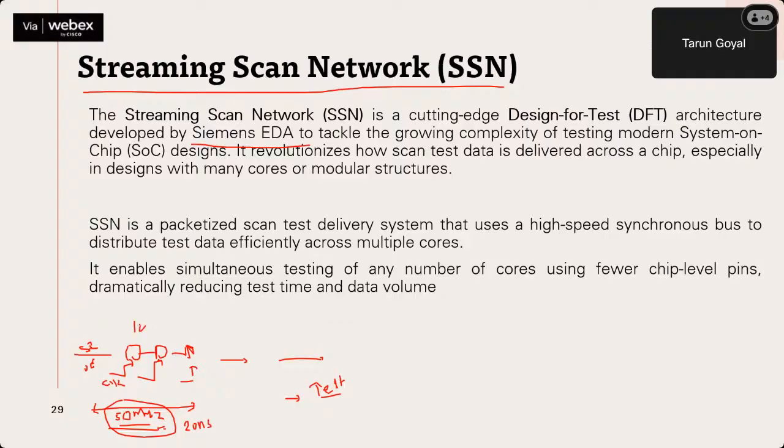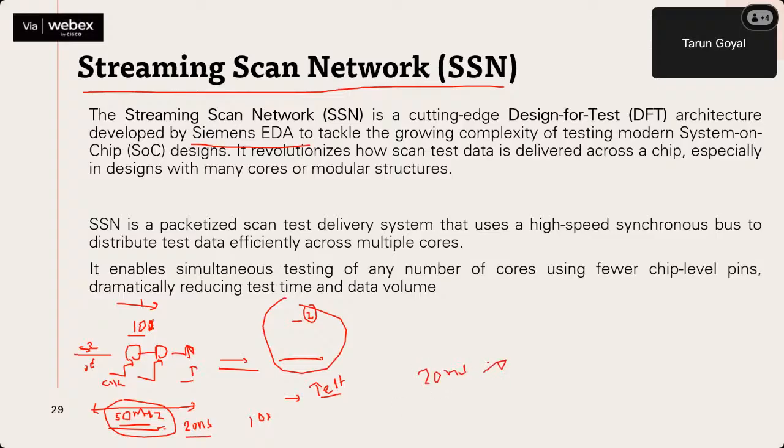Suppose I have 10 cycles shifted, then it will be 10 times that, and I'm just ignoring the capture right now, because test time heavily depends on the shift in and shift out data. Once the second data is shifted out, then the first data is loading like this, right? The previous pattern is shifted out, so it's a one time, so it will be calculated as 20 ns.